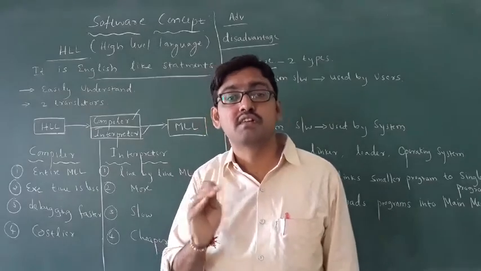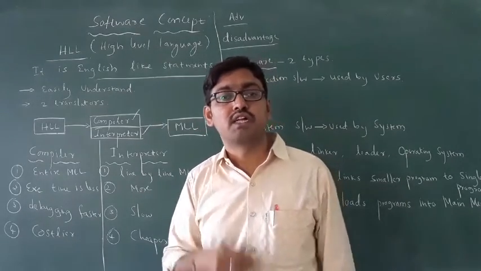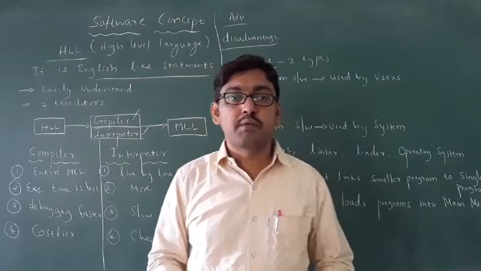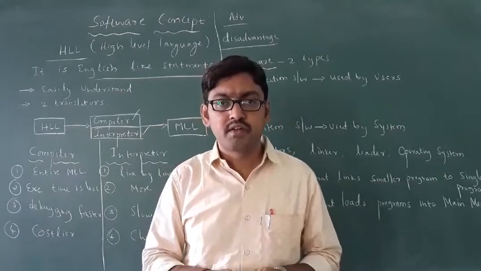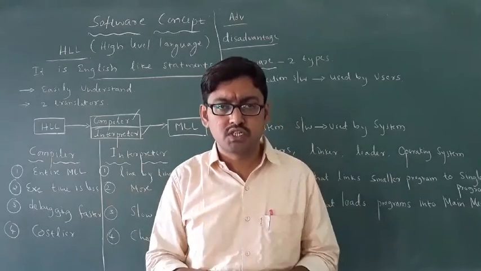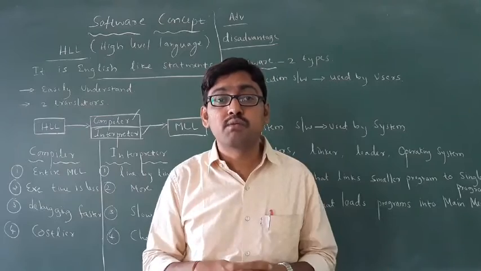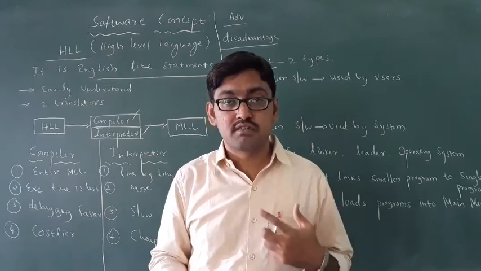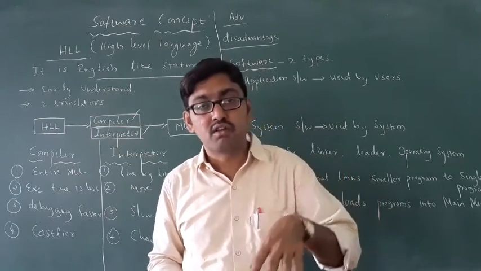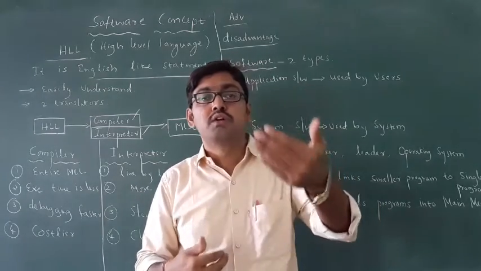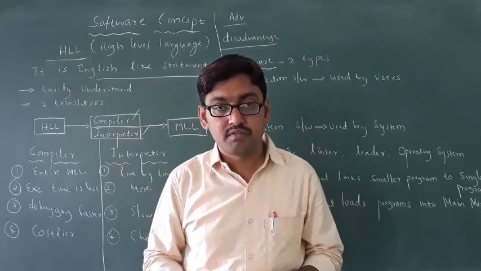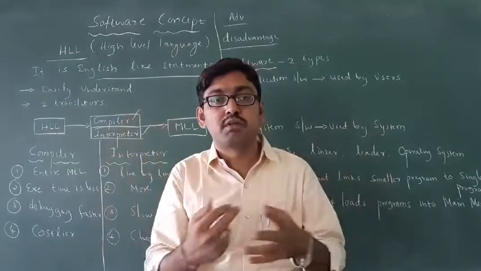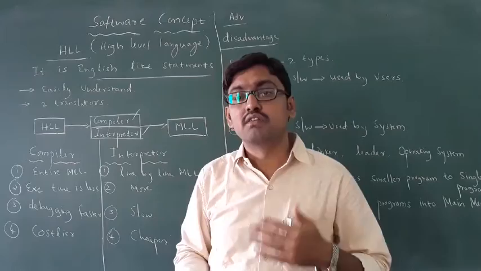These mediators are software which convert. For example, I am typing on the computer. All the typing you do is high level language. Translator software is already installed. It converts our language to machine level language, and then the computer can display on the screen. Got it? You have to remember this.